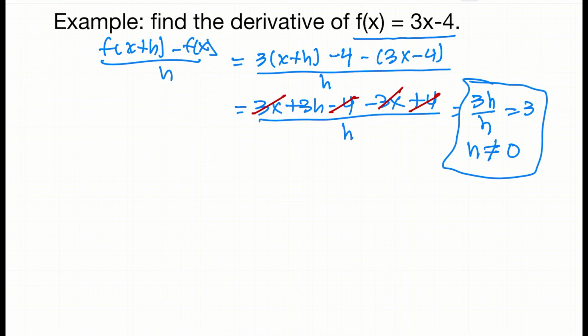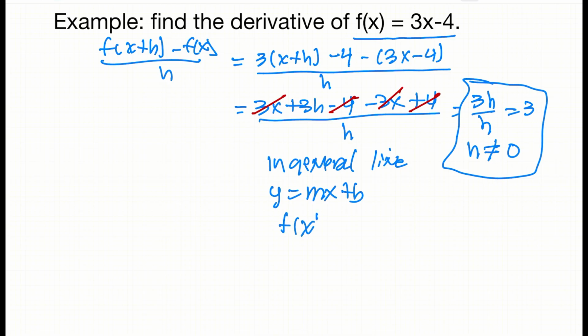And that makes sense because in general, for a line, y is equal to mx plus b, the derivative f prime of x is just going to be equal to the slope.